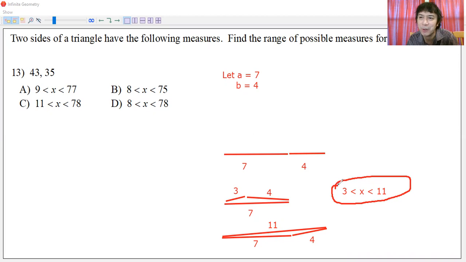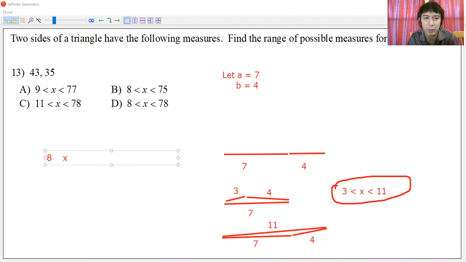Now, going to number 13 in front of us, we have the numbers 43 and 35. The difference is 8, that's 43 minus 35. So we will use the difference, which is 8, and our third side, using the variable x, must be greater than 8.